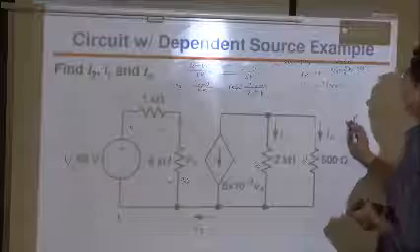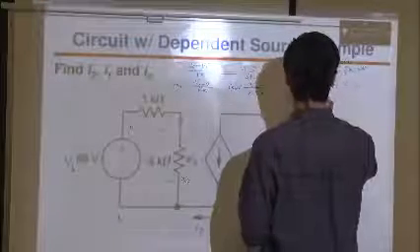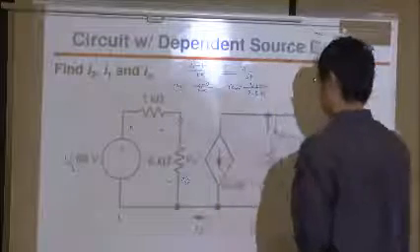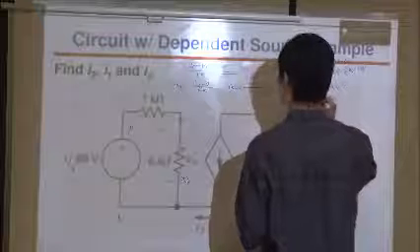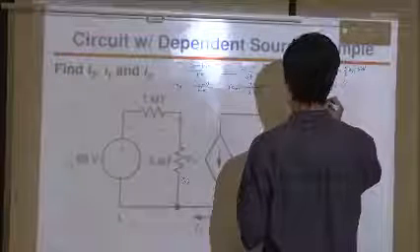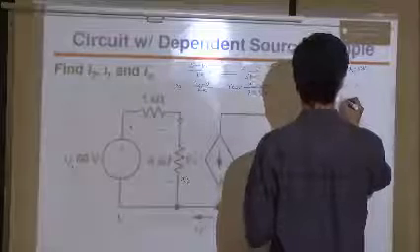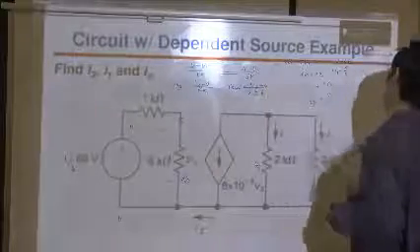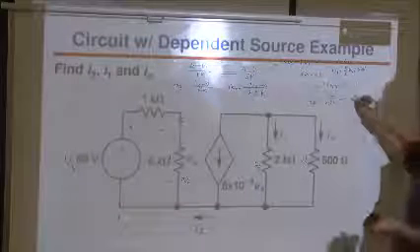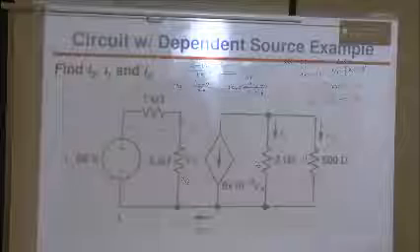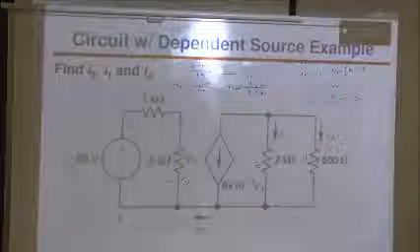That means V2 over 2K plus V2 over 0.5K will equal minus 50 times 6E minus 3, which will be 0.3, right? It will be 300E minus 3, which is 0.3.